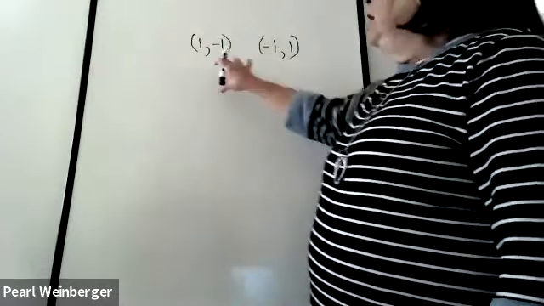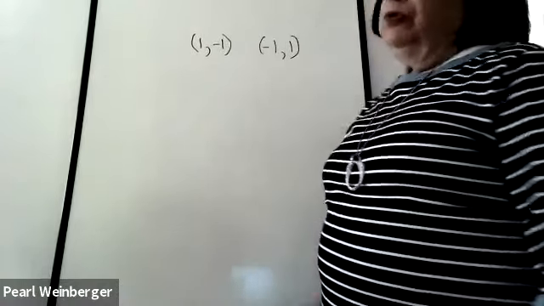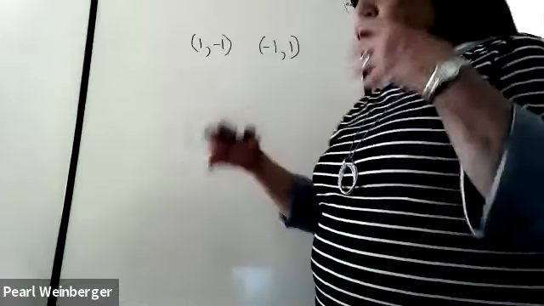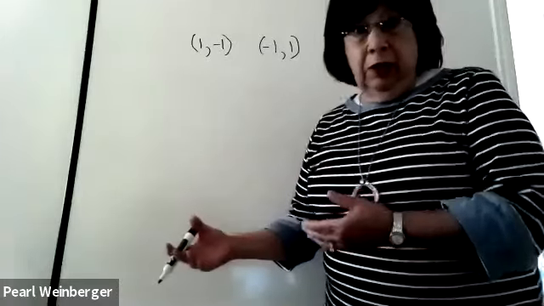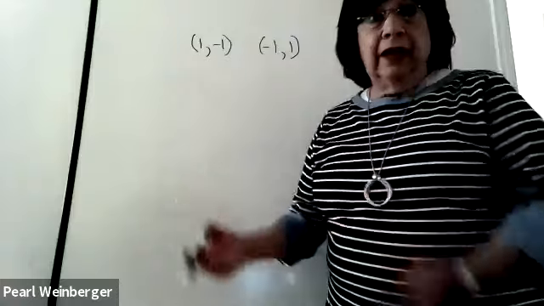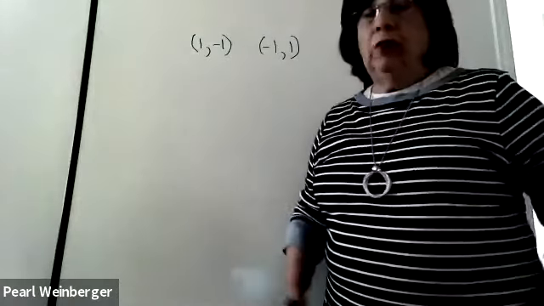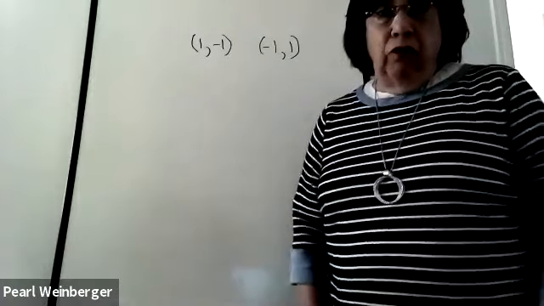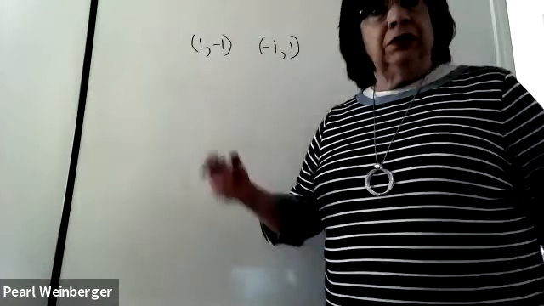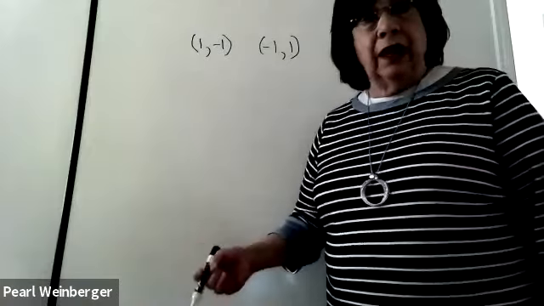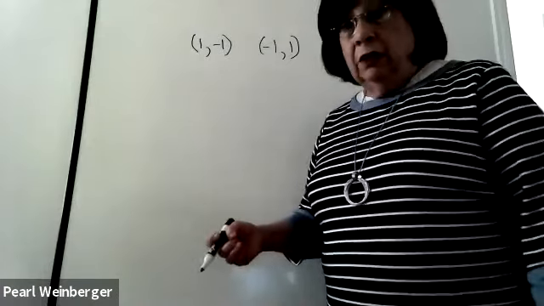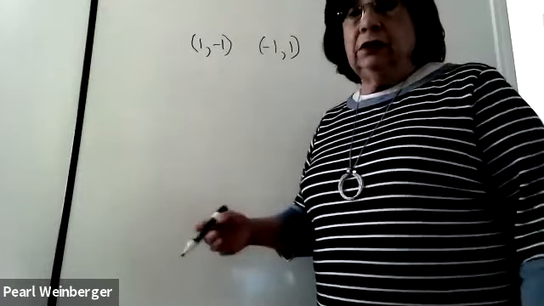Okay, what do I do if I give you 2 points and I ask you for the slope? We saw in the other example, I gave you the equation of the line, and if I put it in what we call the y equals mx plus b format, then the number in front of the x, the coefficient of the x, is the slope.